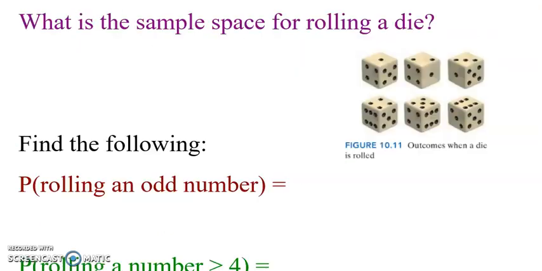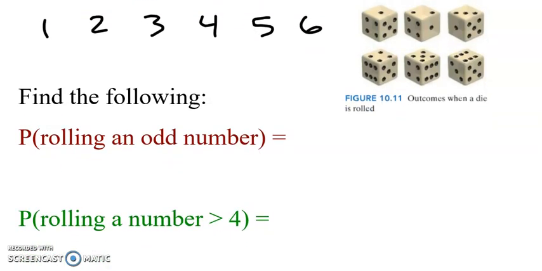Okay, next example, rolling a die. So what is the sample space for rolling a die? So it's just one die, 6 sides, and we could have 1, 2, 3, 4, 5, 6. So find the following. What's the probability of rolling an odd number? And what's the probability of rolling a number greater than 4?